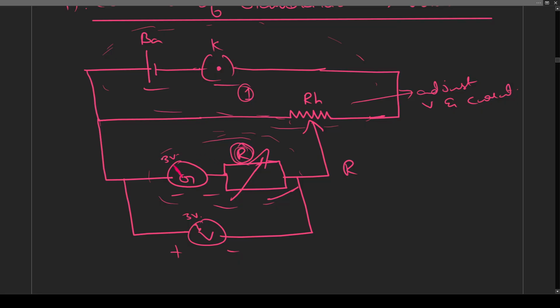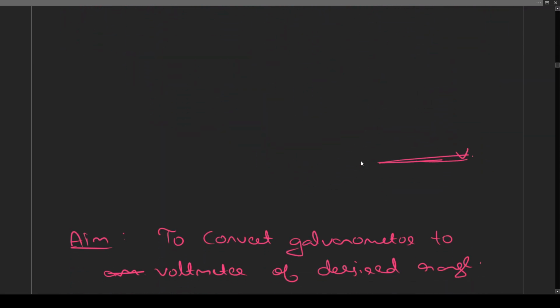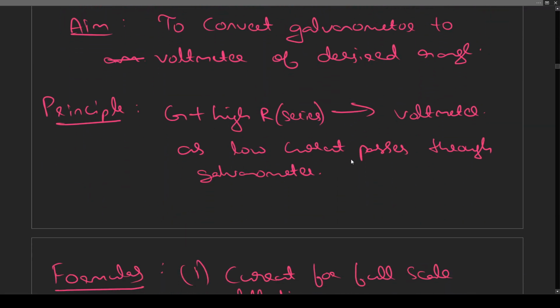If this galvanometer shows 4 volts here, this voltmeter should also show 4 volts. If it shows 5 volts, the voltmeter should also show 5 volts, meaning that the galvanometer was successfully converted into a voltmeter. If we just verify that, that's enough. That's what I think.